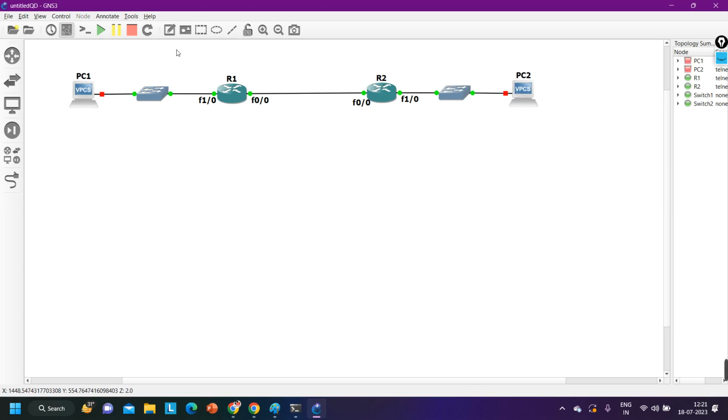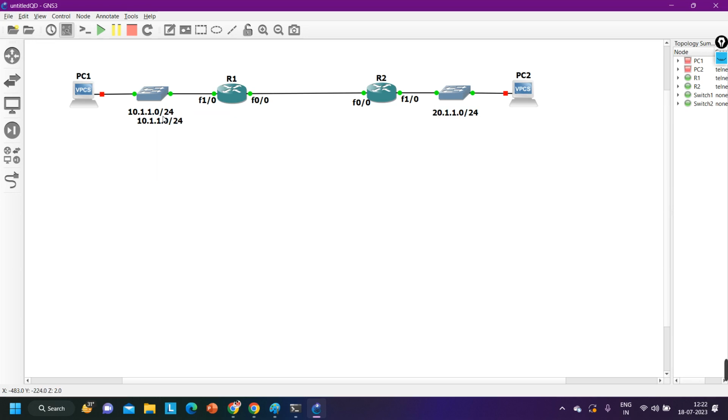Okay, first of all, let me show you here. Let's say I am using one network, that is 10.1.1.0/24. And on the other side, let's say 20.1.1.0/24.